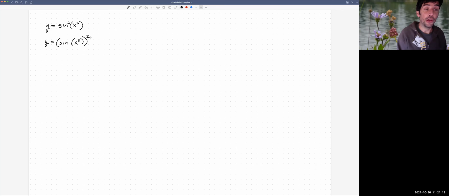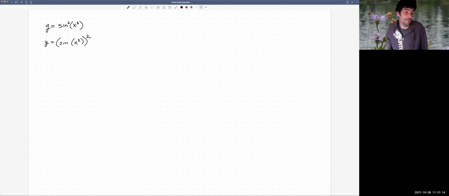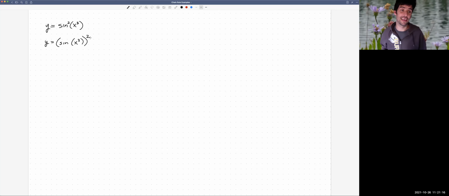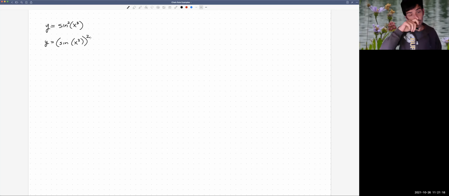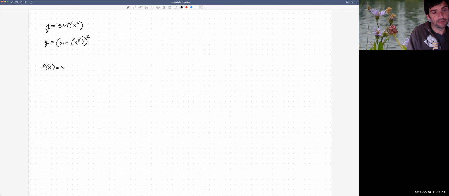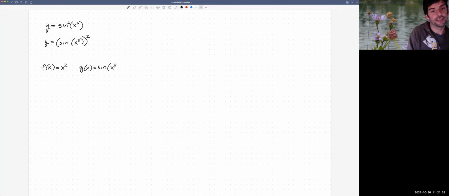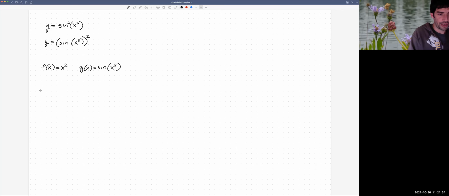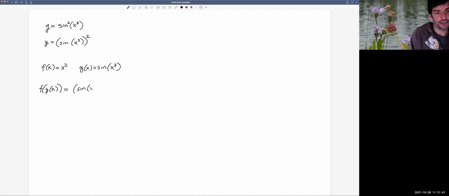Okay. So I'm looking at this, and again, it looks like we've got a chain rule. I see some functions inside each other. So let's figure out what functions we can put inside of each other to get this, what composition we can write. So I'm going to start with f of x is equal to x squared, g of x is equal to sine of x cubed. So then f of g of x is going to be (sine of x cubed) squared, right?